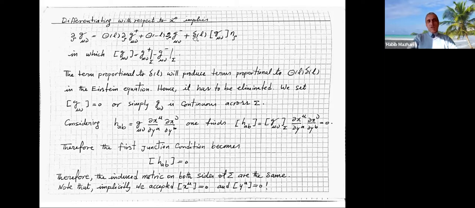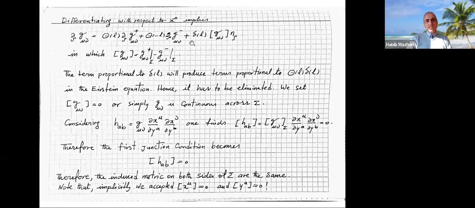We have to avoid this, and the only way to avoid it is to say from the very beginning that g_μν should be continuous. This is the first application of distribution theory. And then the last term should be eliminated.